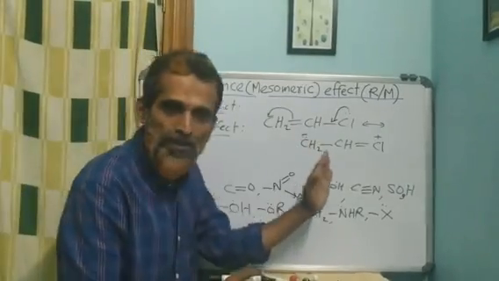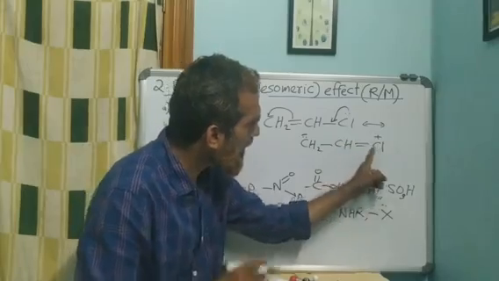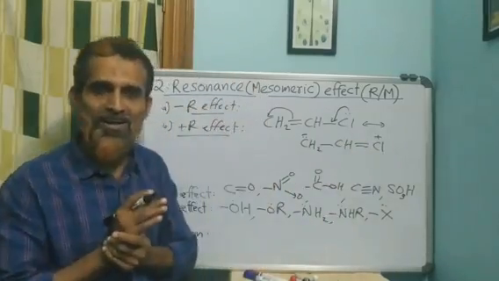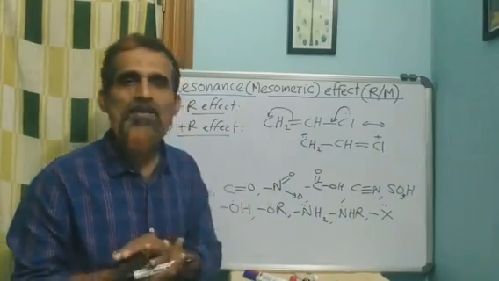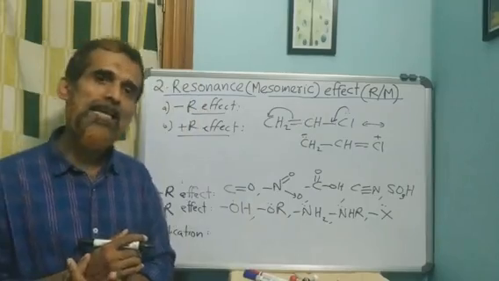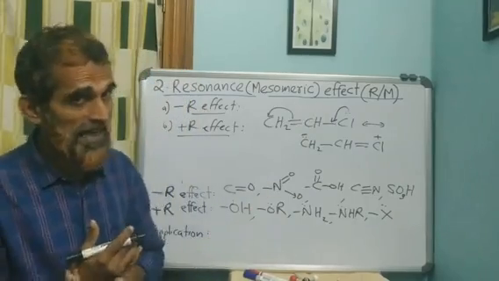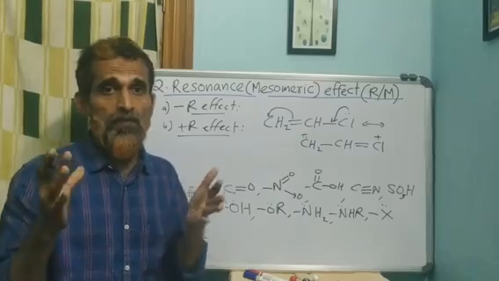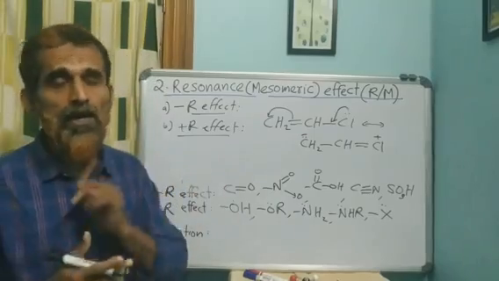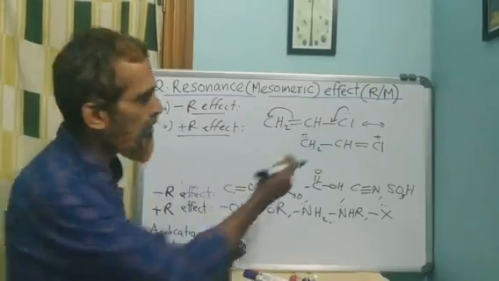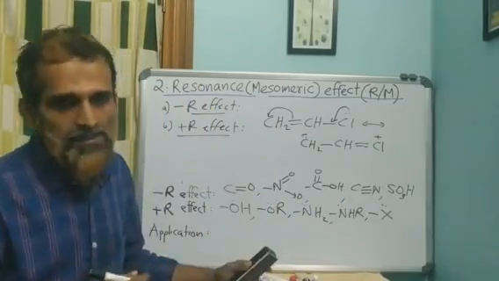Due to this, the carbon chlorine bond here is becoming a double bond, or it becomes stronger. So that is why we say that vinyl halides resist SN reaction. You might be learning SN reaction elsewhere, nucleophilic substitution reaction, which is a very common reaction for alkyl halides, but vinyl halides resist the reaction because of this resonance effect.